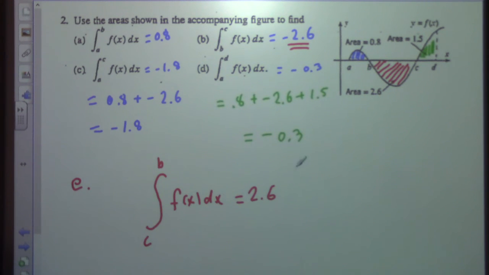And then as a further follow-up question, and we did this earlier in the year, let's say we have part F, that we have negative the integral from C to B of f of x dx. What is this going to be?